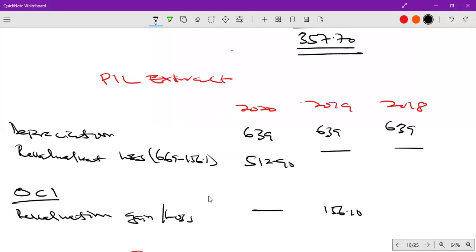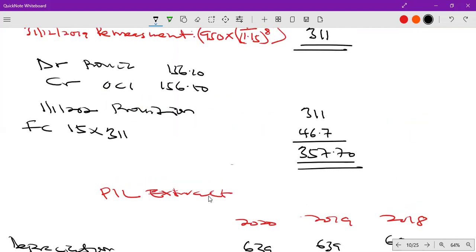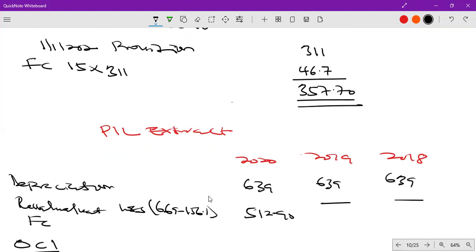Yes, sir, we didn't. So that is true. Finance costs. So what are the finance costs in 2020? 2020, that is 46.7.